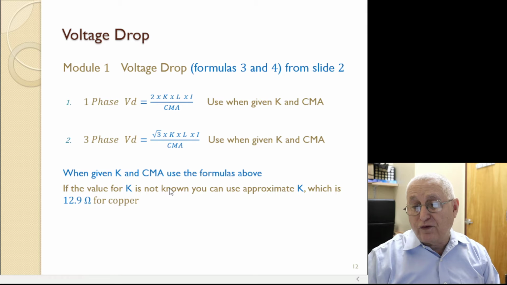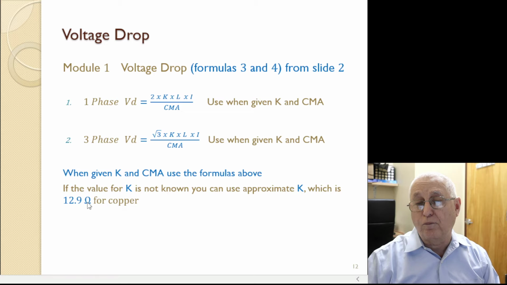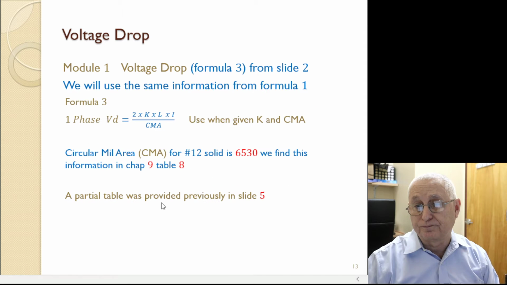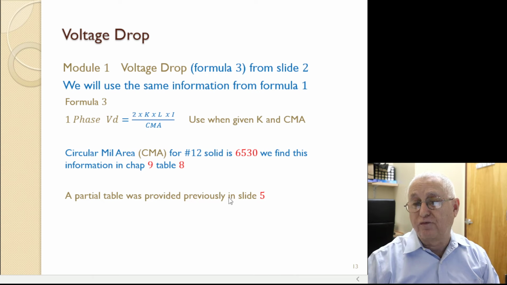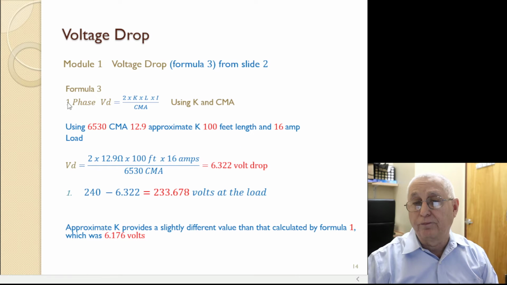If the value for K is not known, you can use an approximate K, which is 12.9 ohms for copper. We will use this information in the formula 2 times K times L times I. Circular mill area for a number 12 solid wire is 6530. We got that from Chapter 9, Table 8 of the National Electrical Code. A partial table was provided previously that we went over.